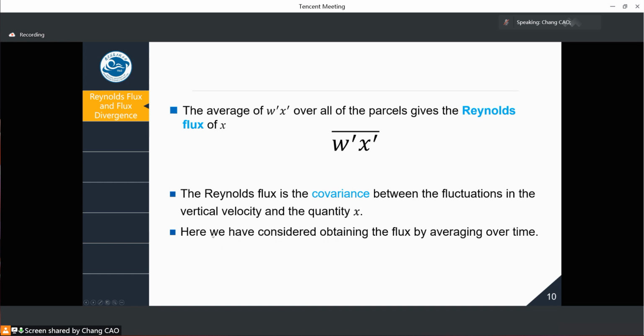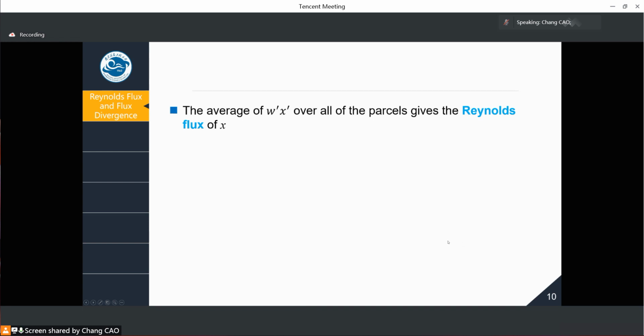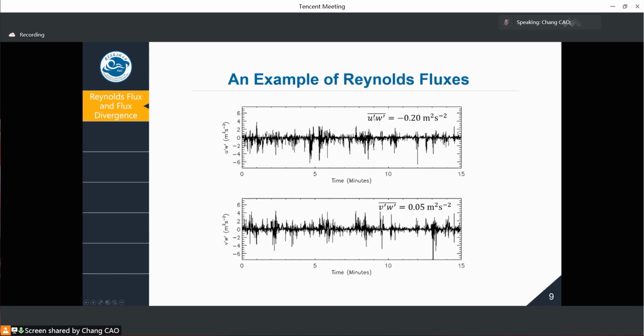Here we have just considered obtaining the flux by averaging over time. So how we got the covariance of U prime and W prime: we just do the average of U prime W prime over the whole 15 minutes. So this is a time average.